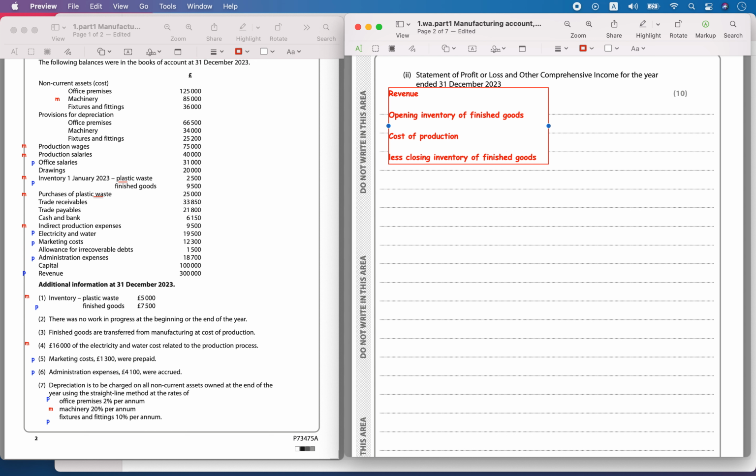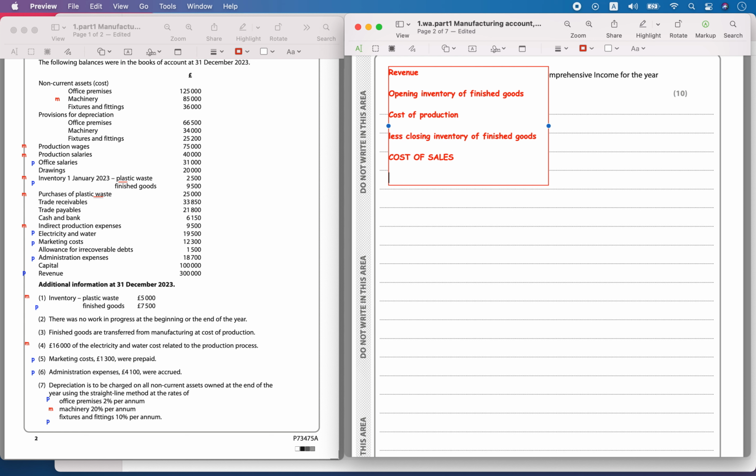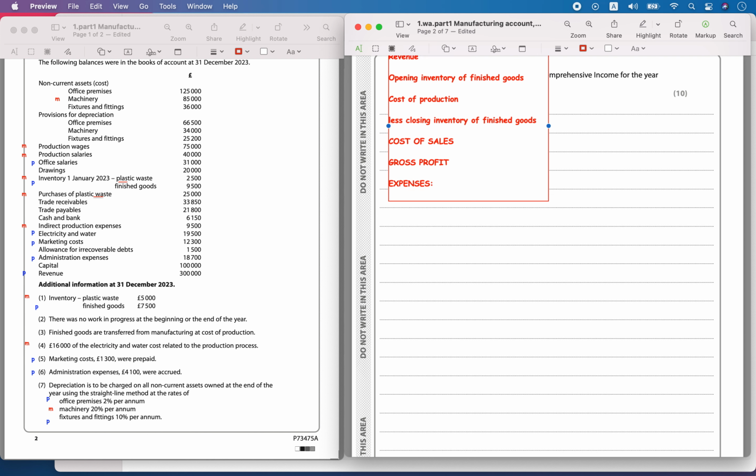With this I will be able to calculate my cost of sales. Then I'll be able to calculate my gross profit. Then I will have to calculate all my expenses.